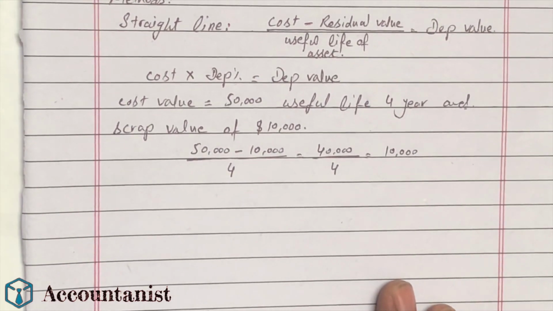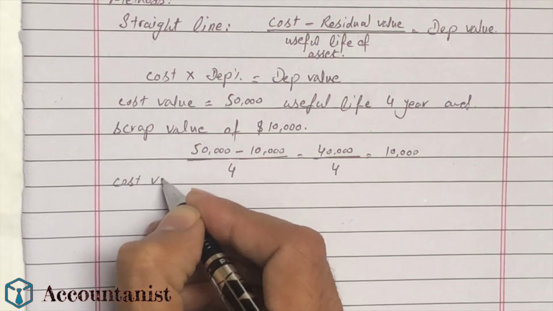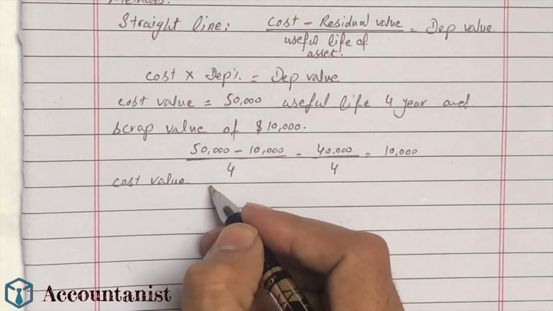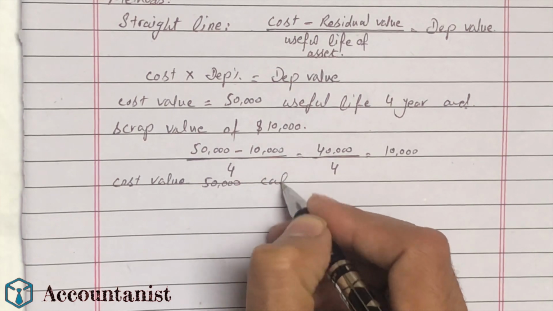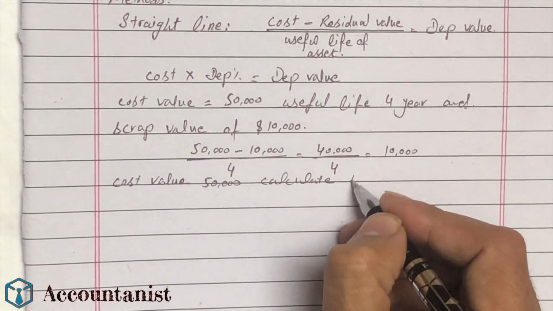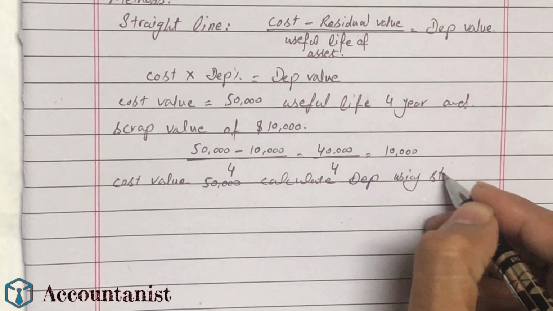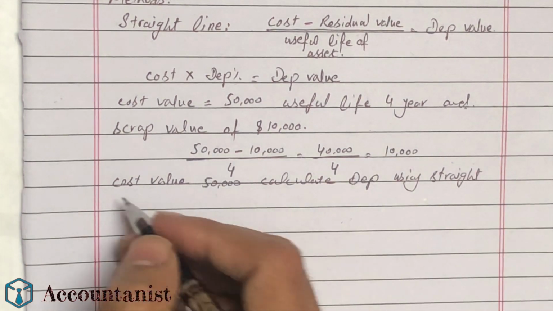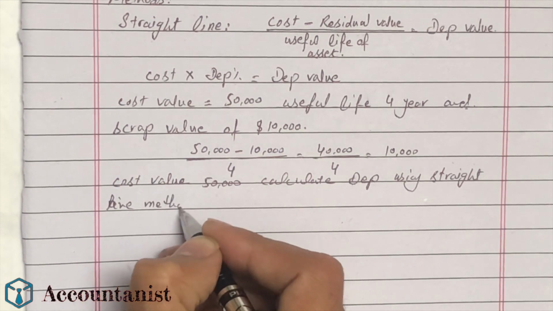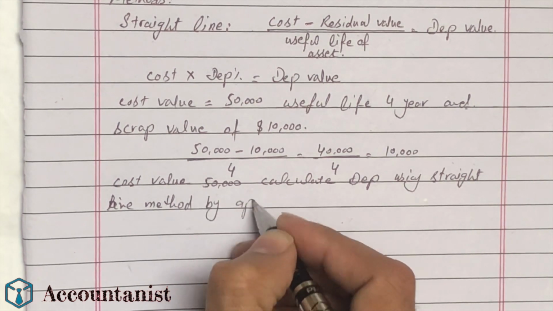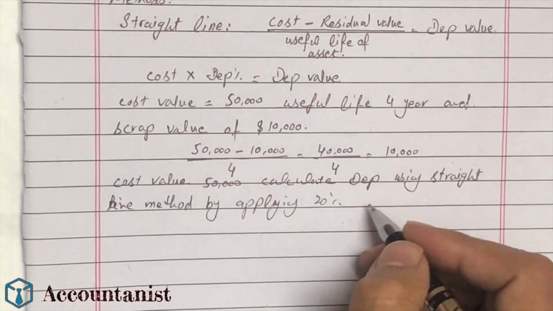Now the second way is, for example, if for the same asset we have the cost value of 50,000 and it says in the question to calculate depreciation using the straight line method by applying a 20% rate of depreciation.